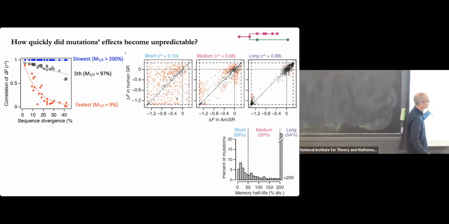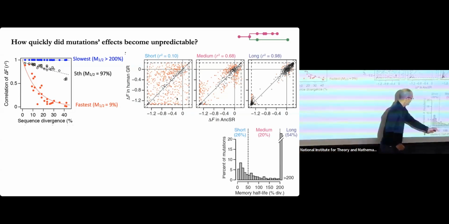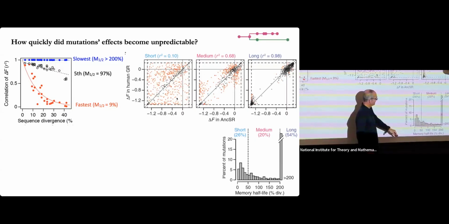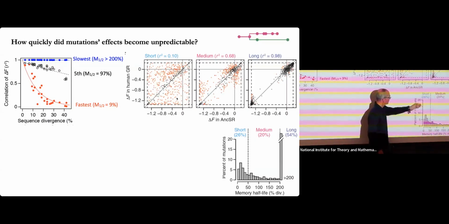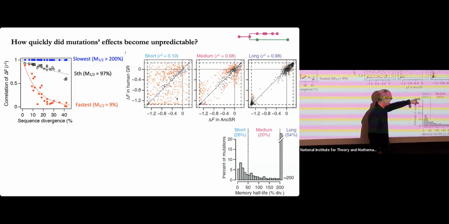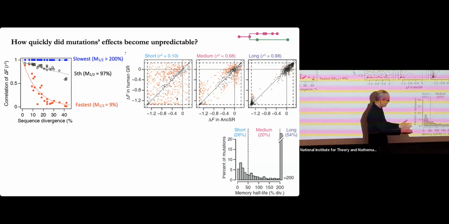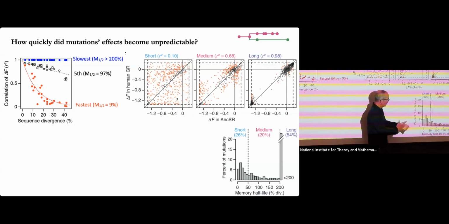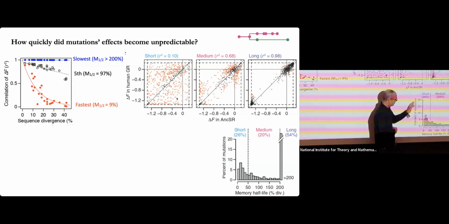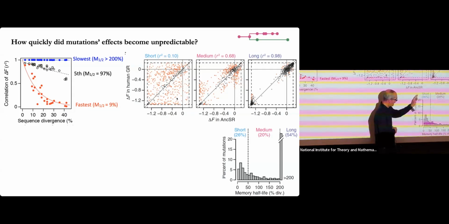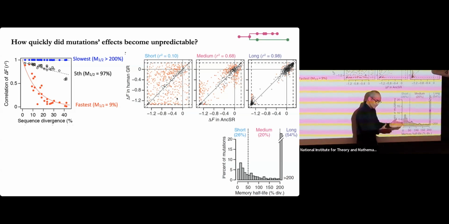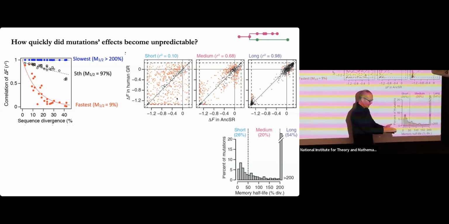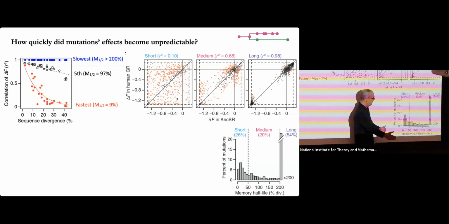So here's the distribution of memory half-lives among all 1,400 some. About 26% have a very short half-life, meaning they are half or more decorrelated across the length of this phylogeny, across this 500 million years.